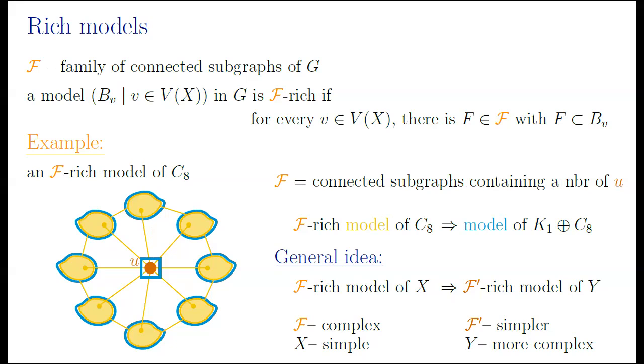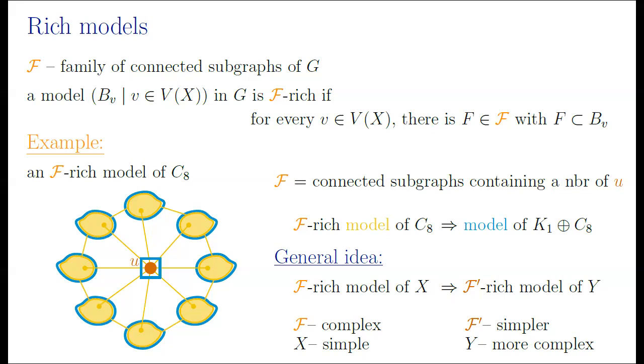And we start with a very simple graph and we build on this graph, we make it more complex. So for example, here, I started with a family that was fairly complex and I obtained nothing-rich. Nothing-rich also means that if you take all subgraphs, and this is a simpler family. Yes, and also we started with C8, but we obtained something more complicated, with more structure than C8.